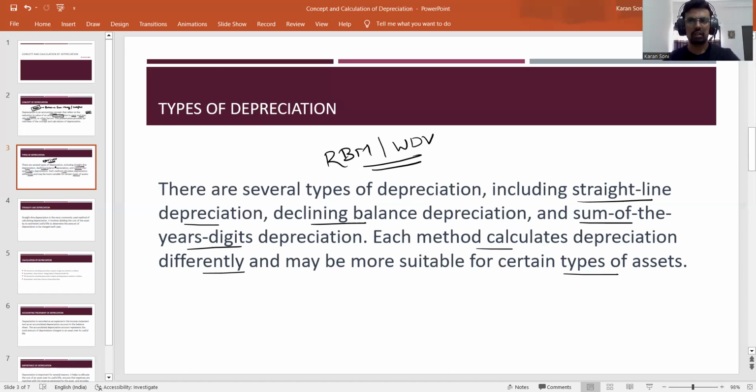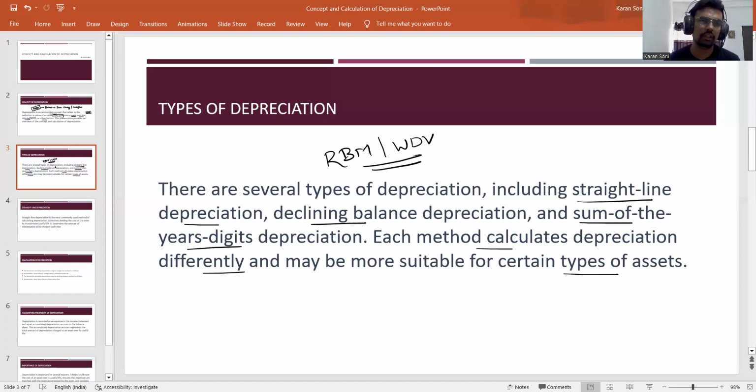The aeroplane tires or the cranes or the JCB have very huge, different types of tires, right? Now these tires cannot be used for a very long time. In case of these tires, we have to apply the sum of the years digit method. We'll see that we can use this tire for maybe 5 years or 3 years. So we'll apply depreciation that way, right?